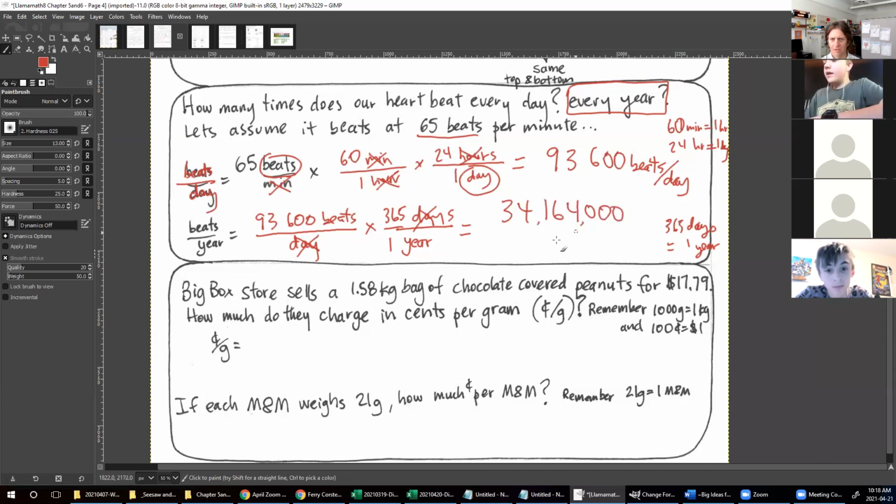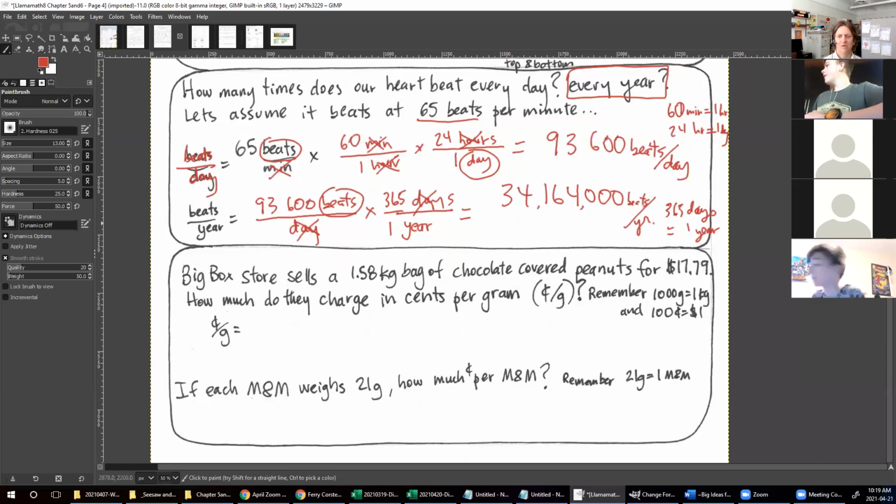I'm just going to put in commas. And the units are going to be beats, no more days, but this is beats per year. We should be grateful for our hearts for beating 34 million times a year or so.